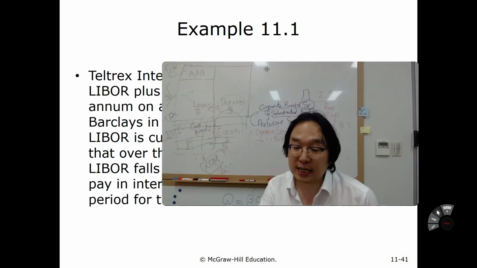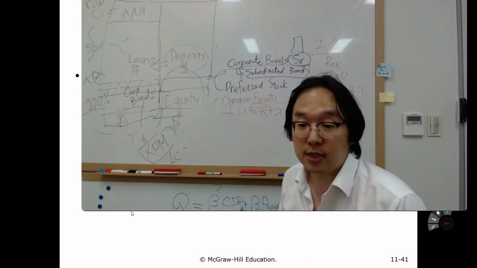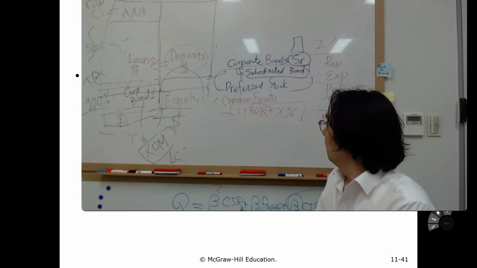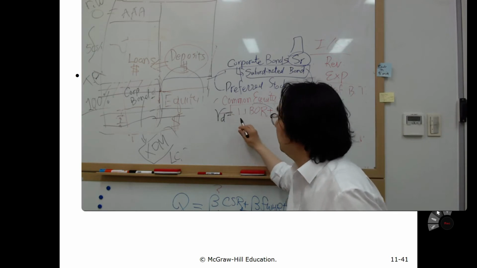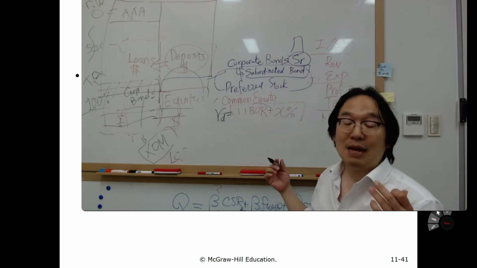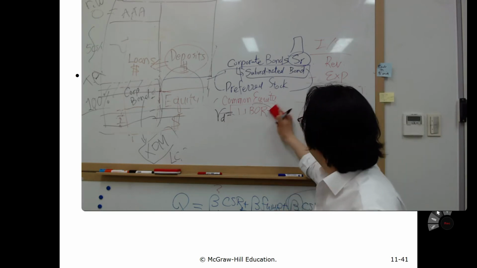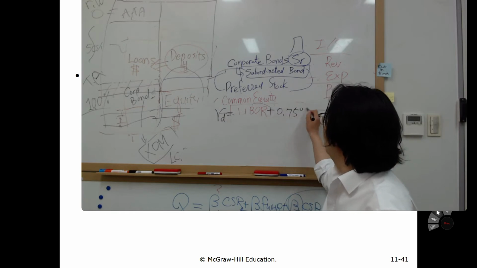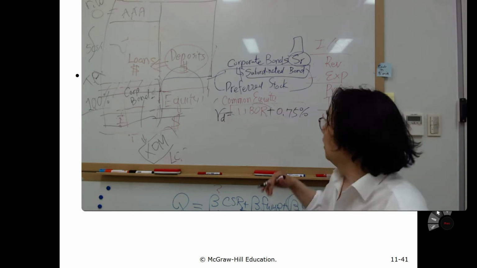So here's the idea. The syndication loan. Here, the borrowing rate, the cost of debt, will be LIBOR plus X%. In this example it is plus 0.75% or 75 basis points, whichever way you want to call it.